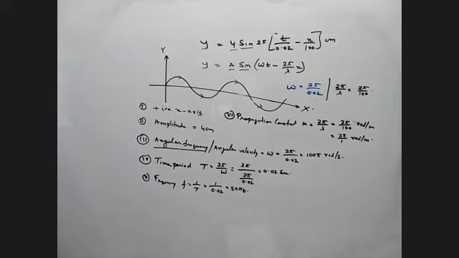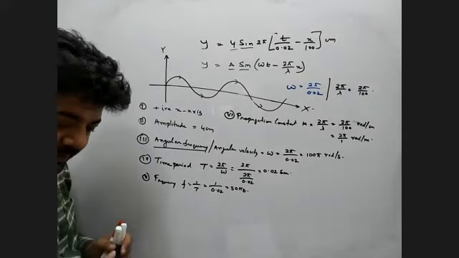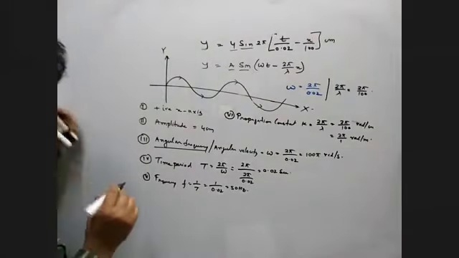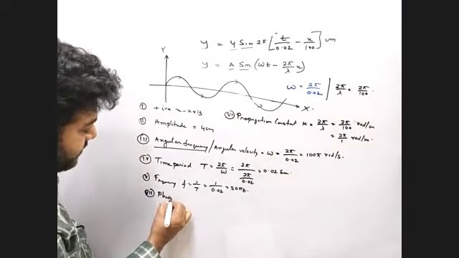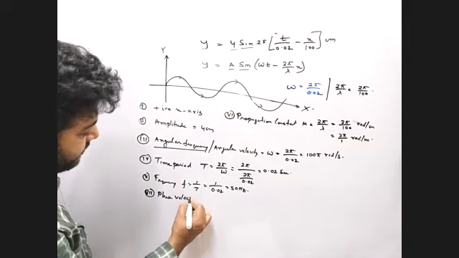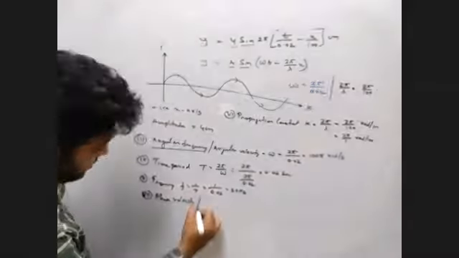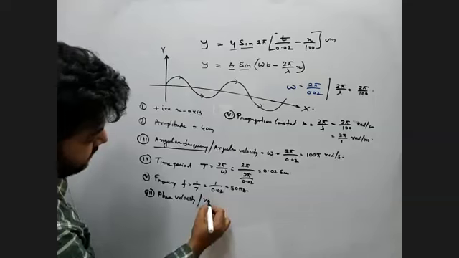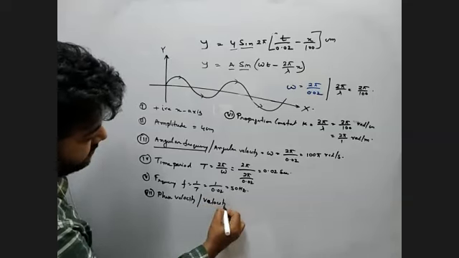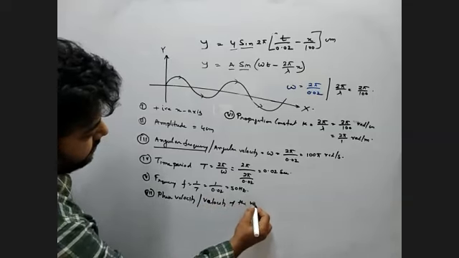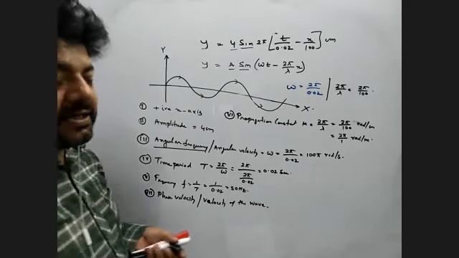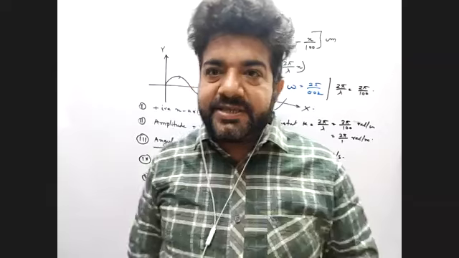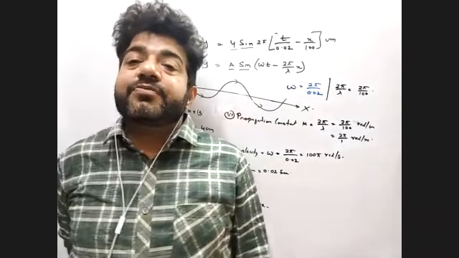Next, you can write velocity of the wave. Velocity of the wave means phase velocity, or actually the velocity of the wave. This is the actual velocity. Like velocity of sound wave is 332 meter per second.